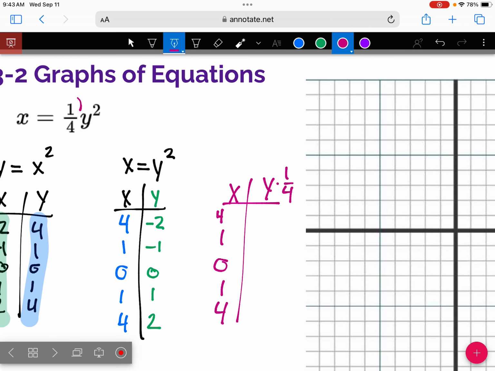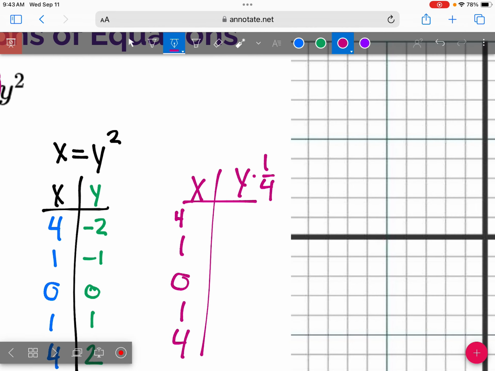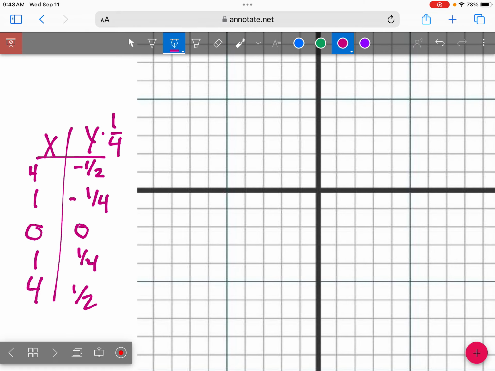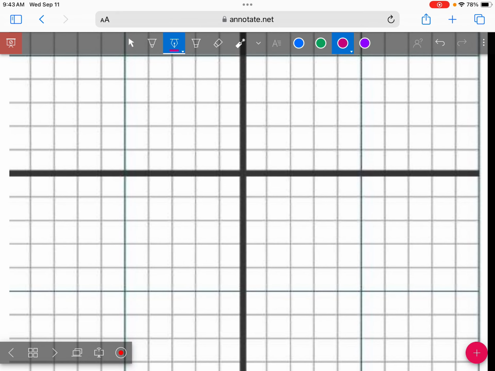So what is -2 times 1/4? -1/2. What is -1 times 1/4? -1/4, or -0.25. 0 times 1/4 is 0. 1 times 1/4 is 1/4. And 2 times 1/4 is 1/2. So my x of 4 has a y of -1/2.